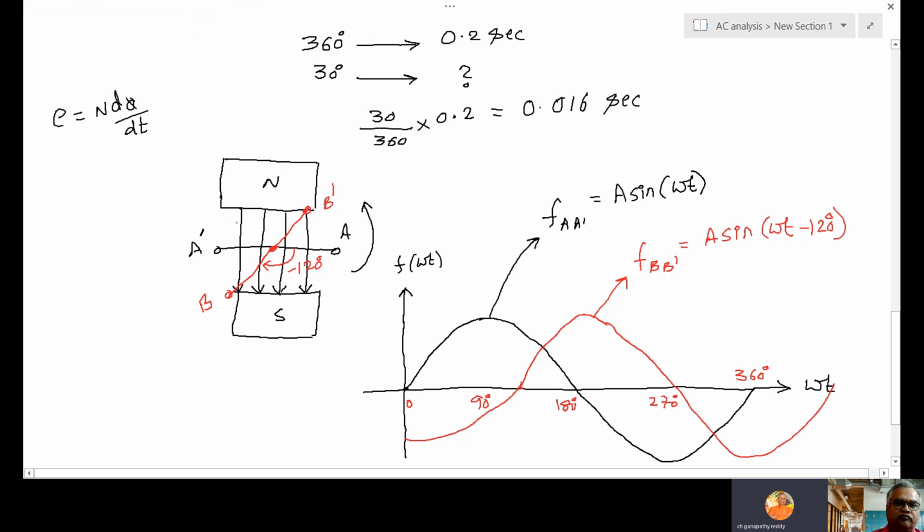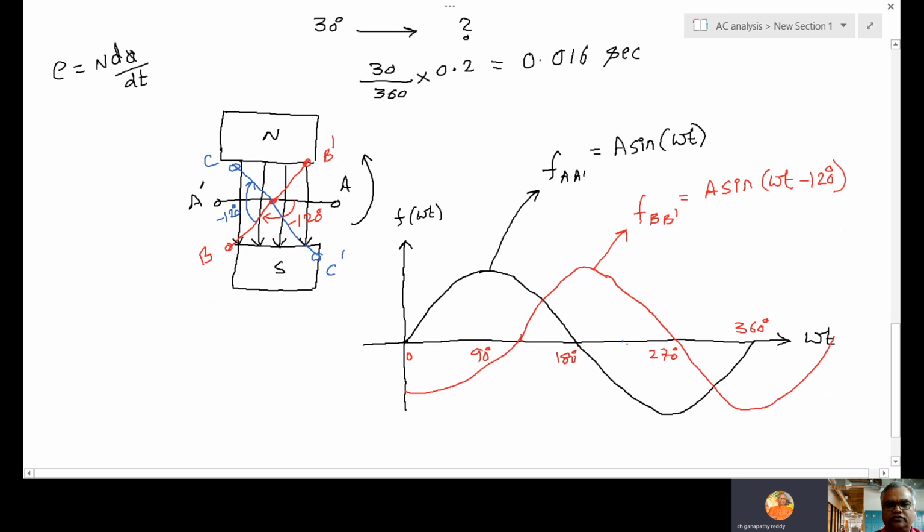Like that, third waveform, now let us keep another conductor C prime. How many degrees here? Again another 120. So this is minus 120. Minus 120, minus 120, effectively minus 240 clockwise direction, anti-clockwise direction plus 120. So where it should start? Minus 240, 180 and 60. So it should start from here.